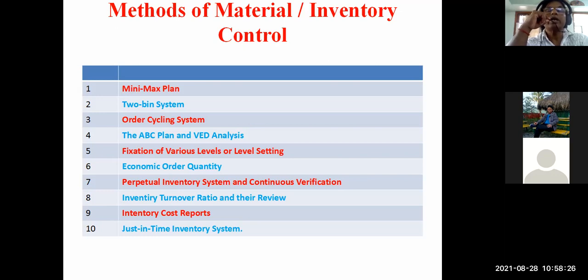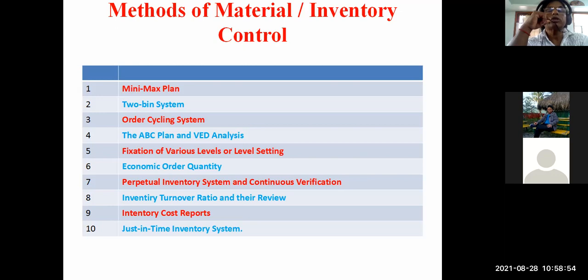Inventory turnover ratio: by this ratio, you can find out which goods are fast moving, which goods are slow moving, and accordingly, you can take a decision. And there is a formula for inventory turnover ratio. That formula we shall be teaching you practically, but here I have given you some brief idea about the systems or methods of inventory control.